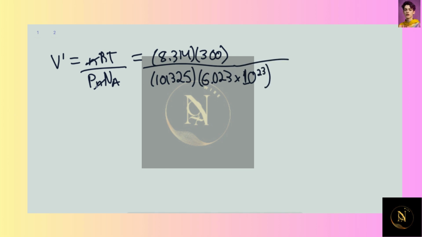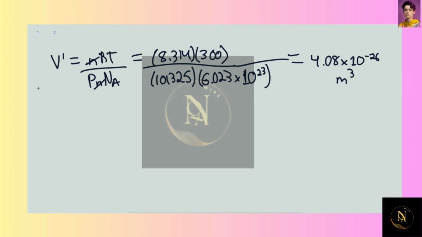At this point, V prime is going to be 4.08 times 10 to the negative 26 meters cubed. If you think about this, this is the volume of a single cube, where in that single cube there is a single molecule.